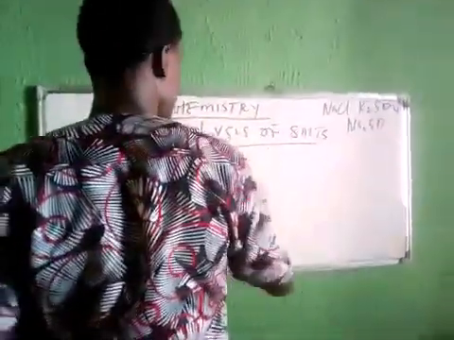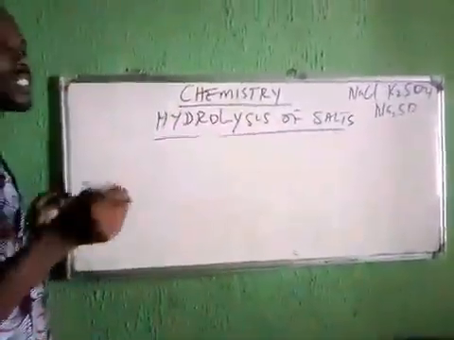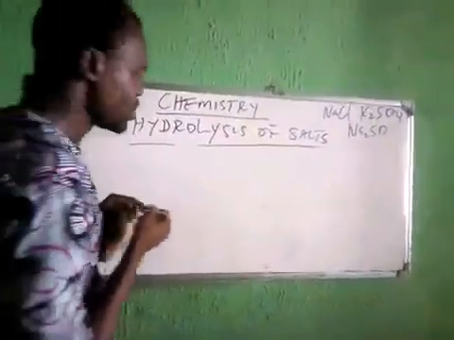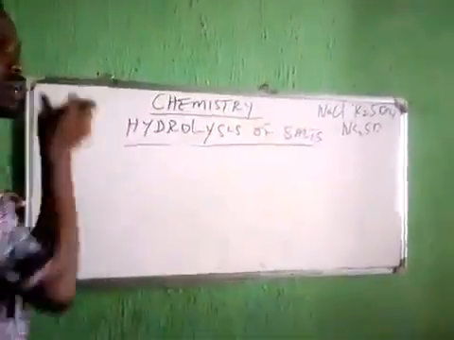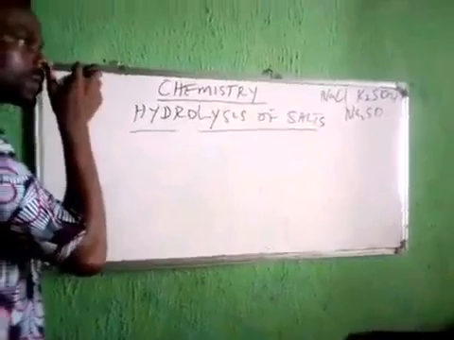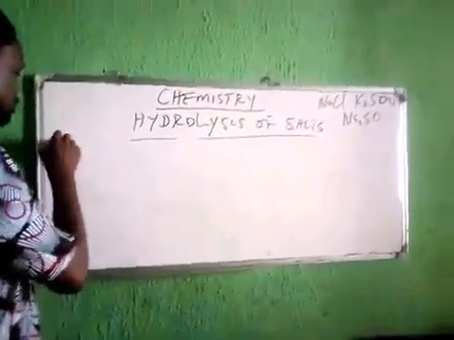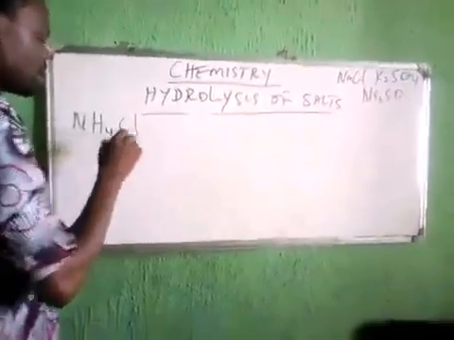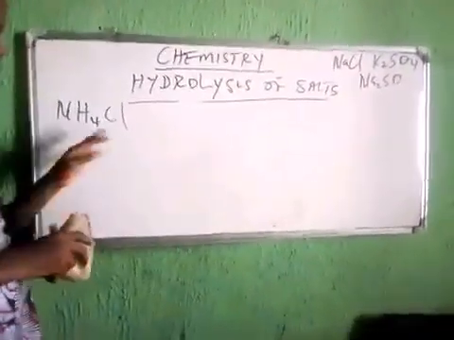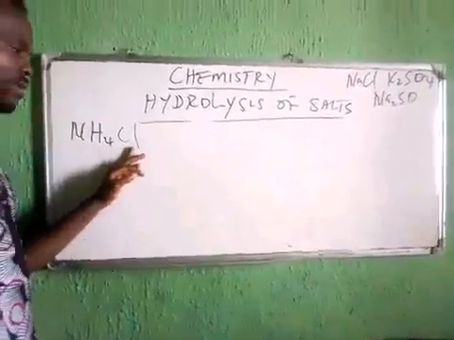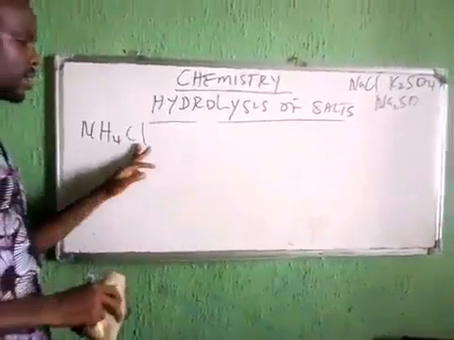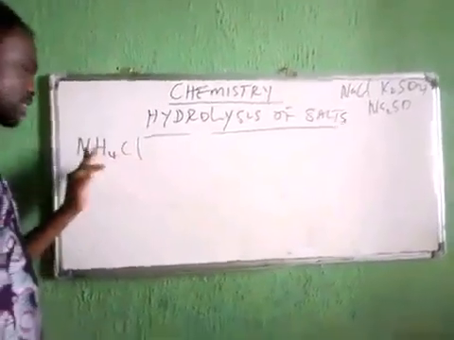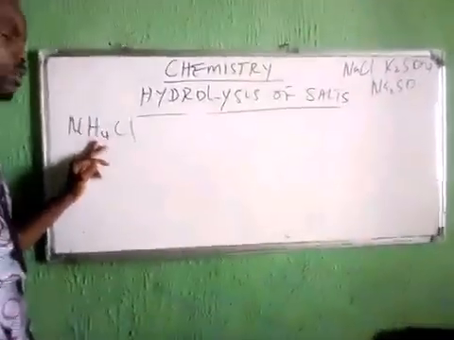Now, let's take for instance, when we are talking about a salt formed from a strong acid and a weak base, a very good example is NH4Cl. Look at it. This chloride here is gotten from a strong acid. Why this NH4?